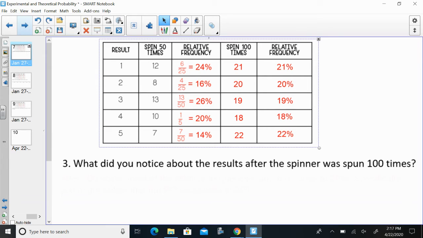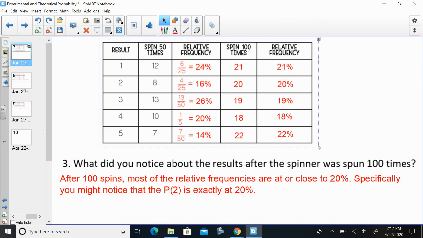So the next question says, what do you notice about these results after the spinner was spun 100 times? And I think I alluded to that answer. The relative frequencies are either at or close to 20%. 20% is 1/5 written as a fraction.